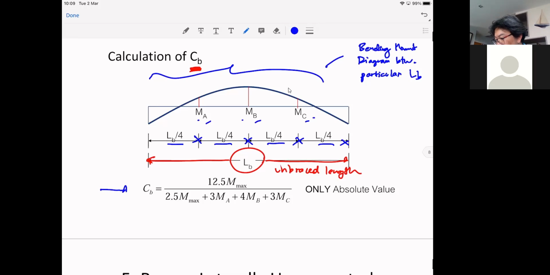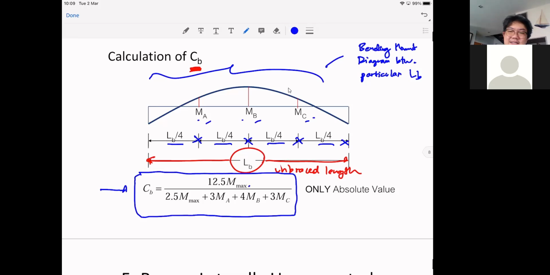So let's look at the formula itself. Okay, that is the maximum moment in the range of that unbraced length, M max. And MA, MB, and MC are just moment at quarter points.